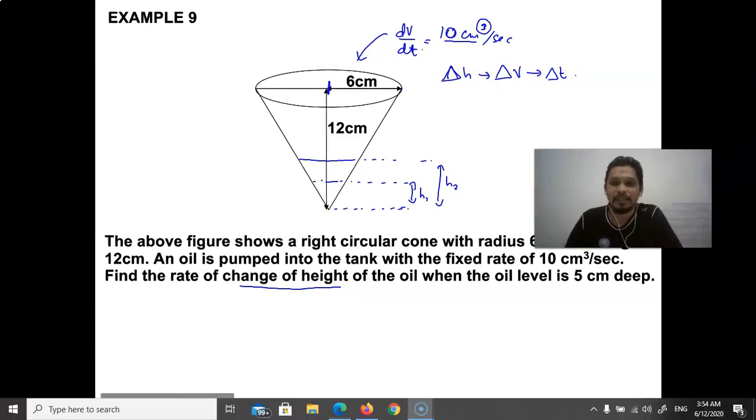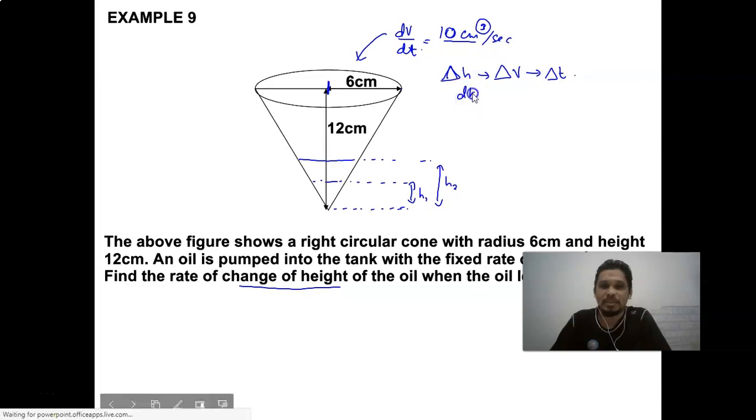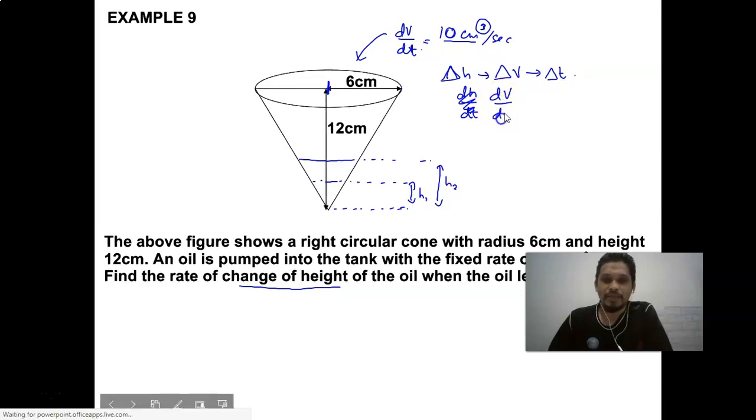Then it is now dH/dt. Now dV/dt, the changes of volume with respect to the time, equals dV and dt here.